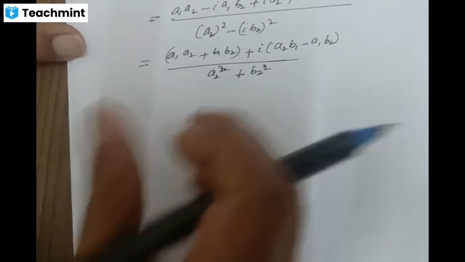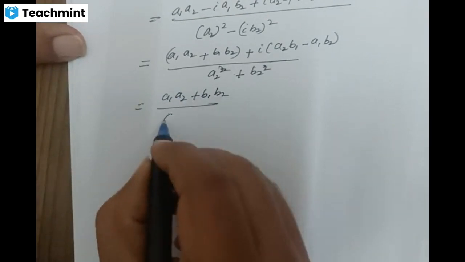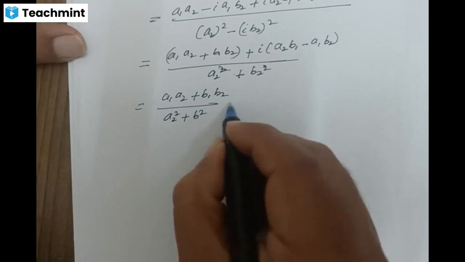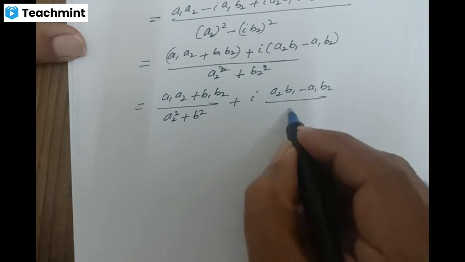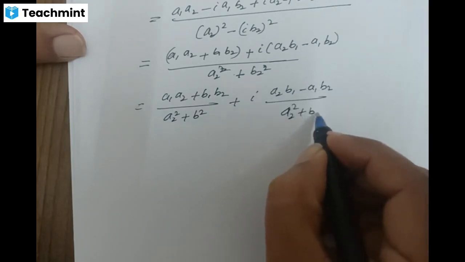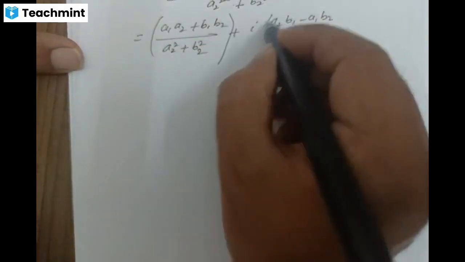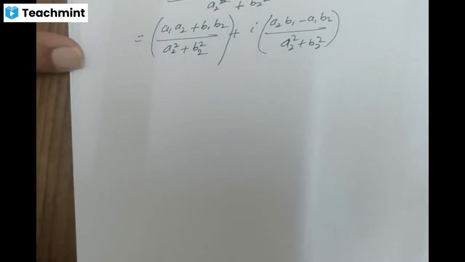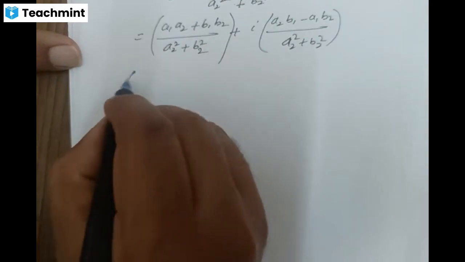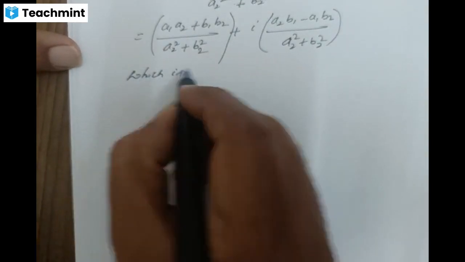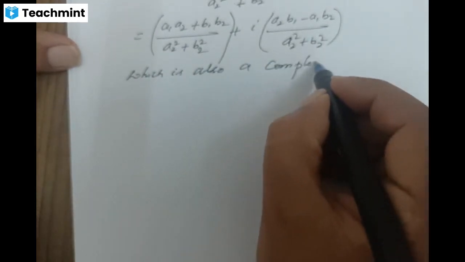So I will split the numerator: a1 a2 plus b1 b2 divided by a2 square plus b2 square, plus i into a2 b1 minus a1 b2 divided by a2 square plus b2 square. Again you see this is of the form x plus iy or a plus ib, which is also a complex number.